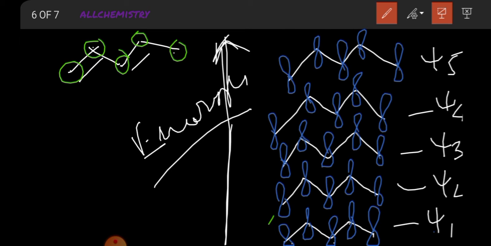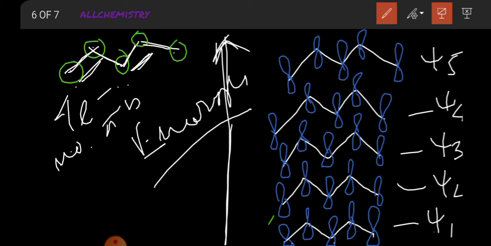The number of electrons will be equal to the number of pi bonds times 2. Two pi bonds means 4 electrons.